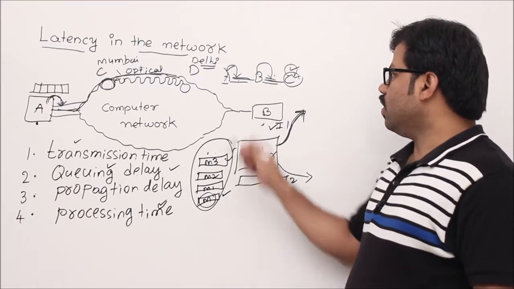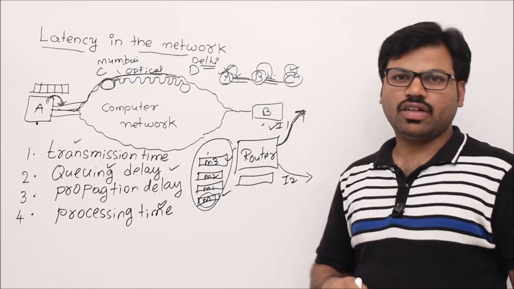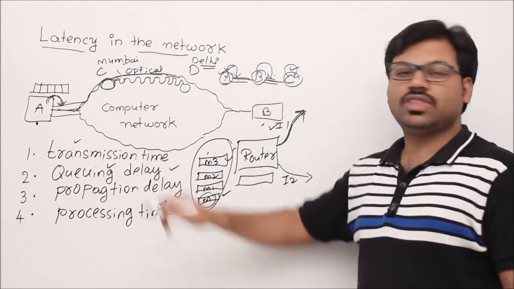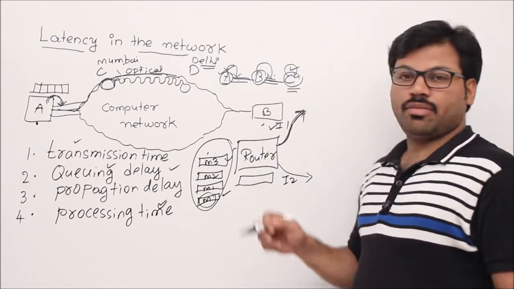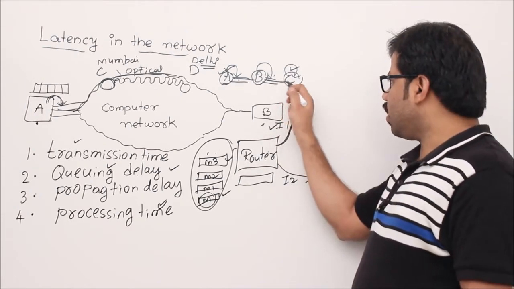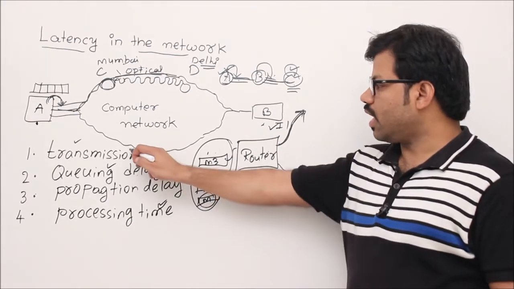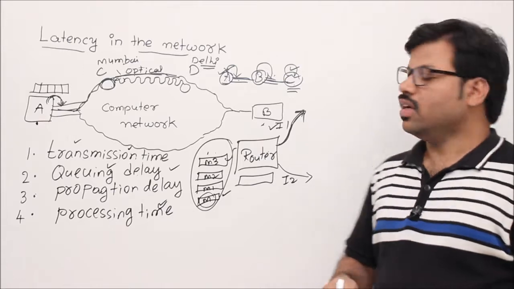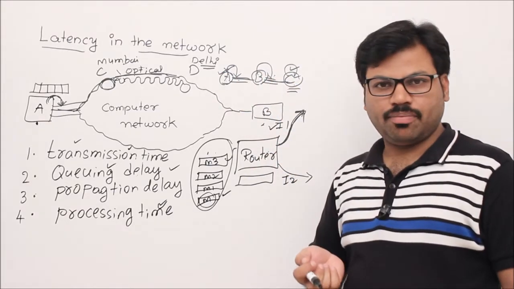But here there is a transmission time at A, and there is a transmission time at B, correct? So there are two delays. These are all transmission time. Similarly, C also has some time, because once any message comes, C has to receive it, right? So receiving also takes some time. That we also consider in the transmission time. So finally, A, B and C are spending some time, correct?